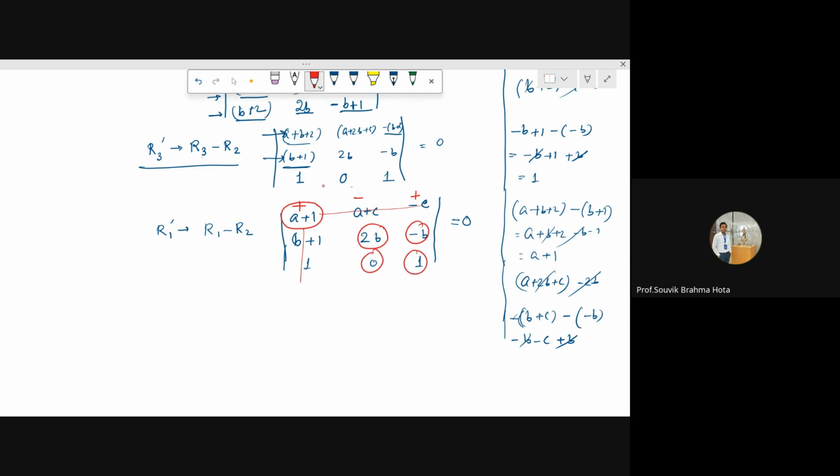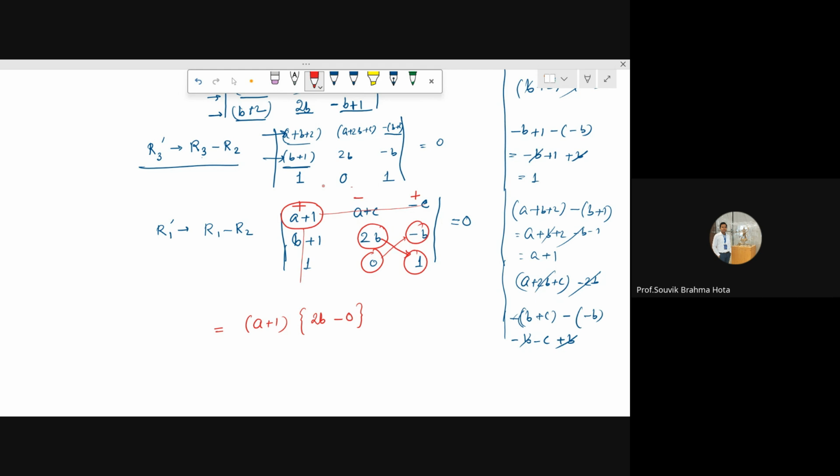Now what you should do, 2b into 1 minus 0 into this, so 0 into this means 0. So what is the first thing in determinant? First a plus 1 is there, you see, and then 2b into 1 is 2b minus of 0, so it is like that. So first term is done.